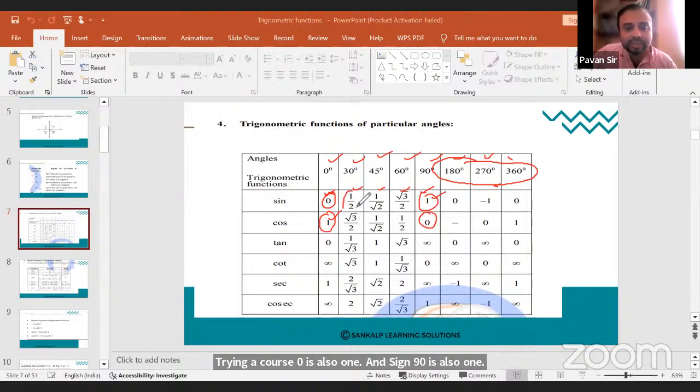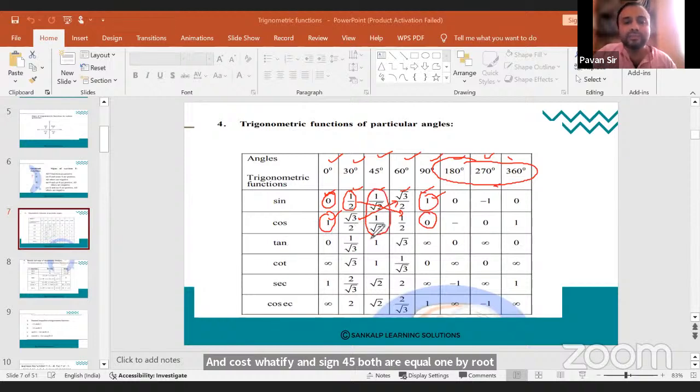Sine 30 is always equal to cos 60, and cos 30 is always equal to sine 60. See here, it is root 3 by 2 for both. And cos 45 and sine 45 are both equal, 1 by root 2.